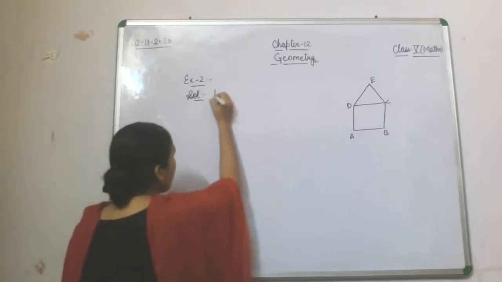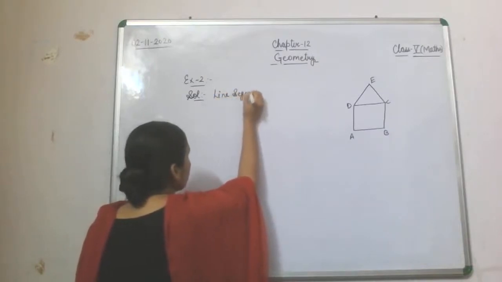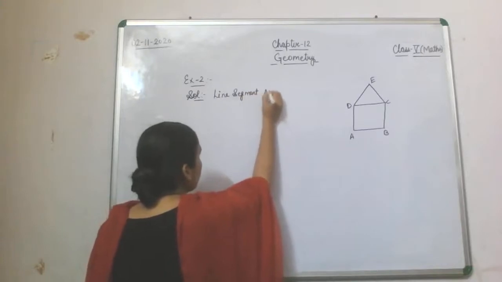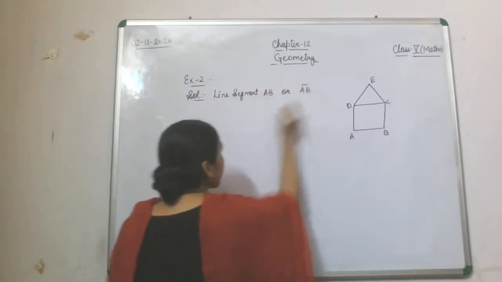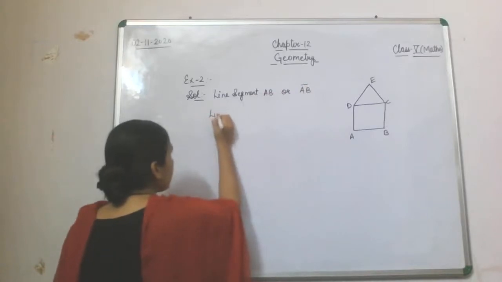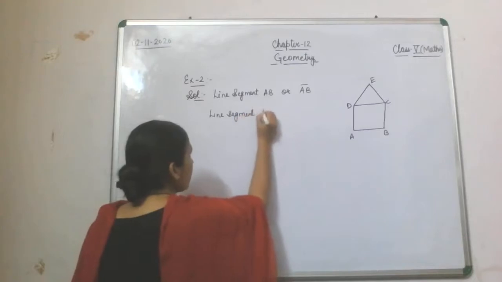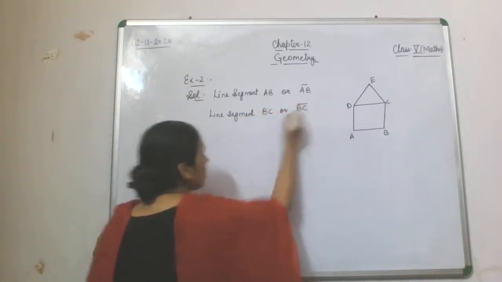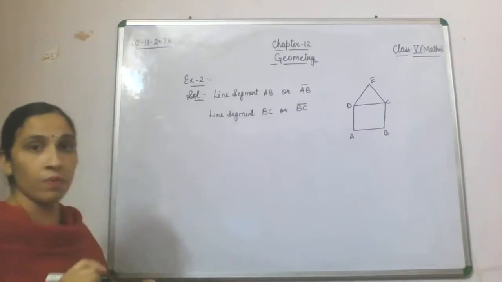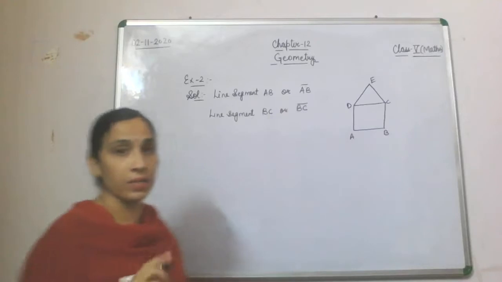So you will write line segment AB, or if we write it in symbol, AB. Line segment BC, or in symbol, BC. See, when we put one line above, that is the symbol of a line segment.